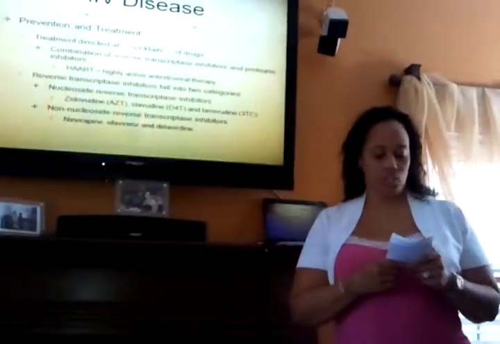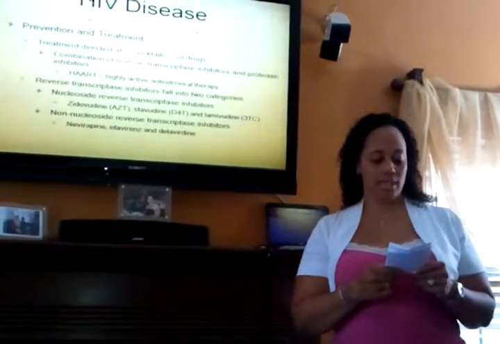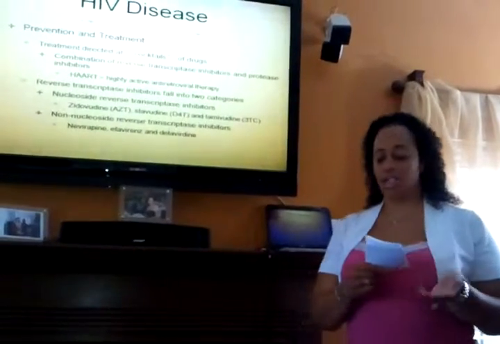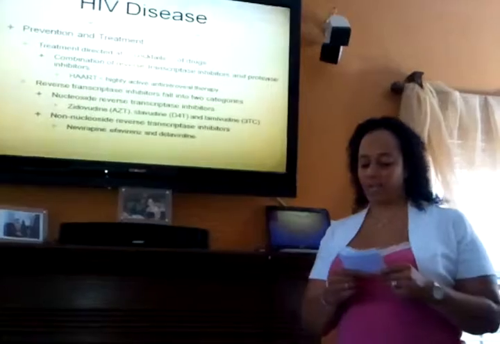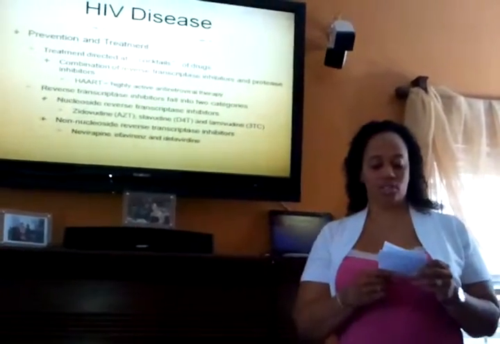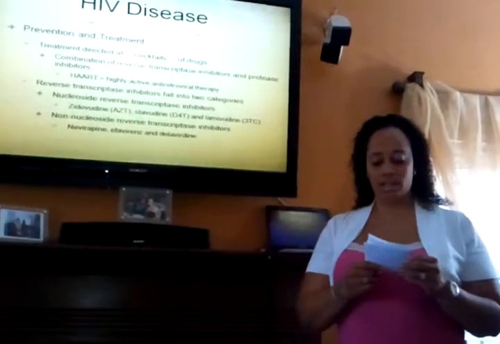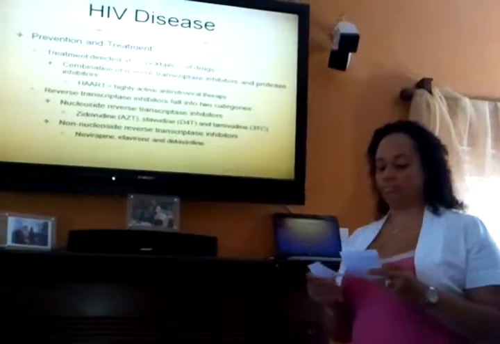Treatment is a cocktail of drugs, a combination of reverse transcriptase and protease inhibitors, known as HAART, which is highly active antiretroviral therapy. The reverse transcriptase inhibitors consist of two types, nucleoside and non-nucleoside.